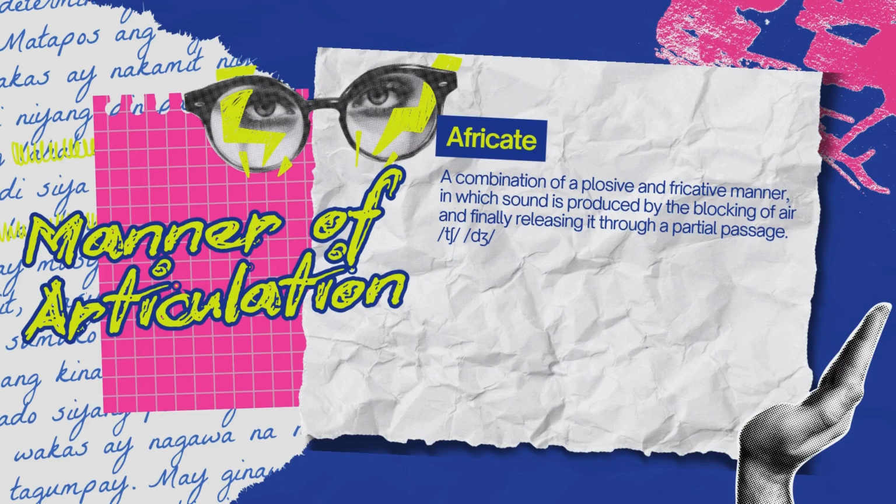Next, we have affricates. That is a combination of plosive and fricative manner in which sound is produced by the blocking of air and finally releasing it through a partial passage. For example, ch and j.